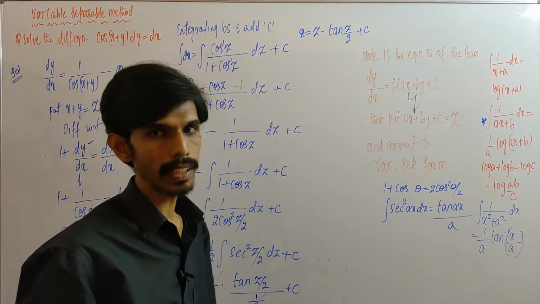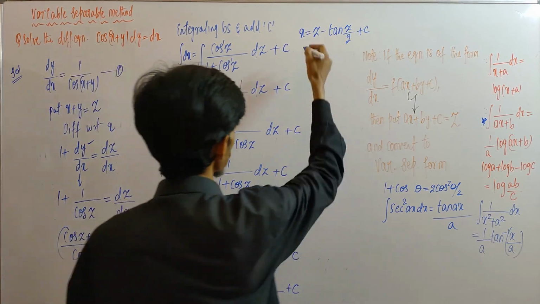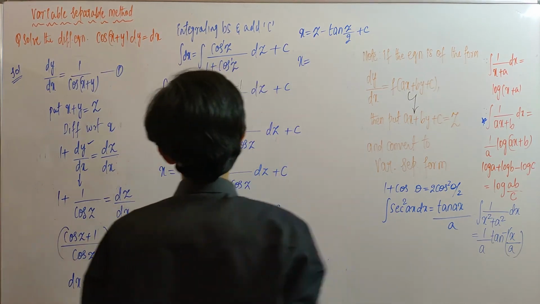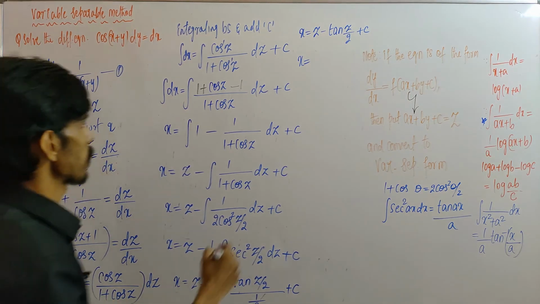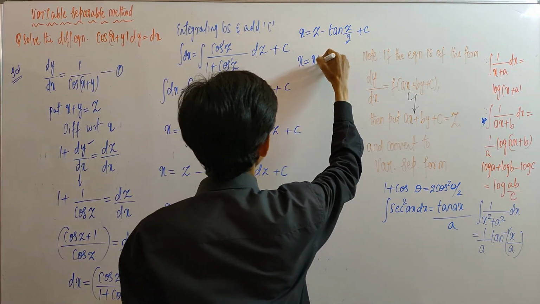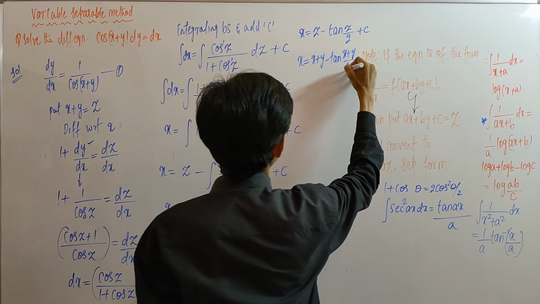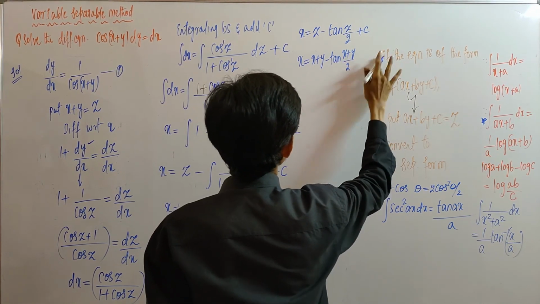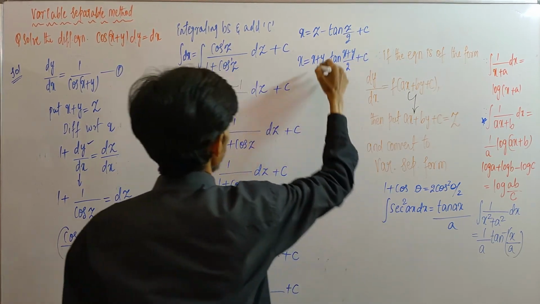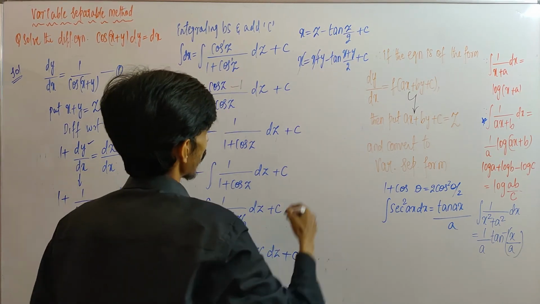We want the solution in terms of x and y. So replace this z. z value is x plus y. So x is equal to x plus y minus tan of (x plus y) by 2 plus c. This x will get cancelled.